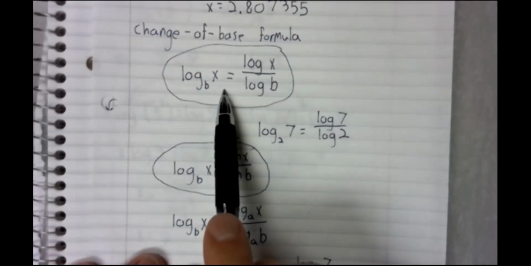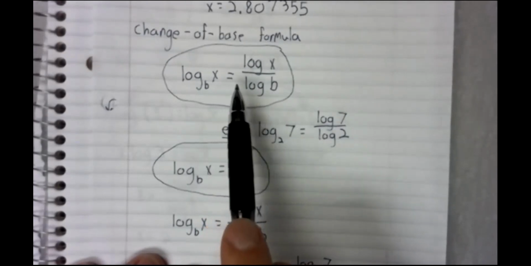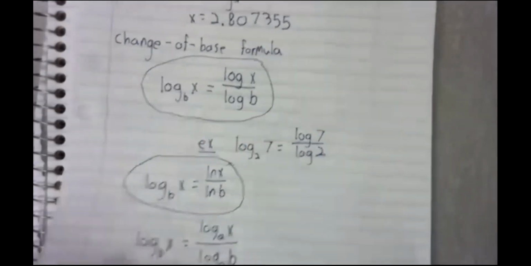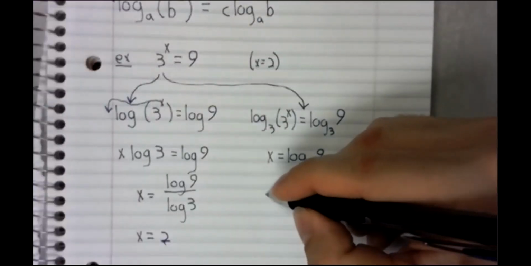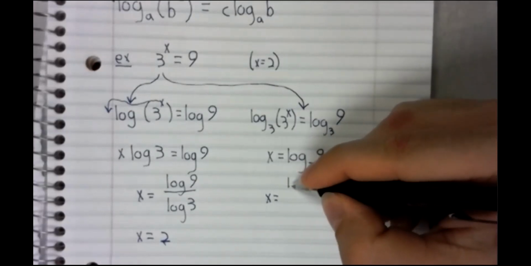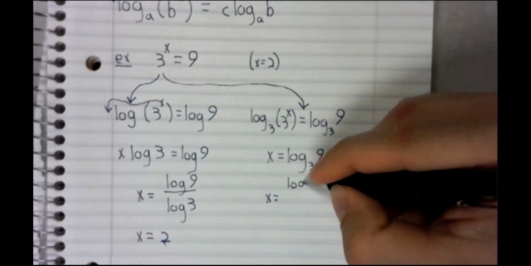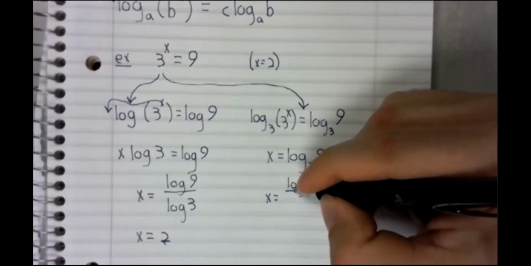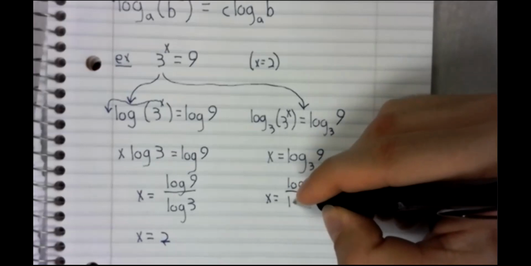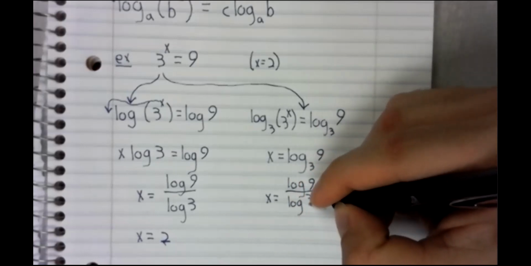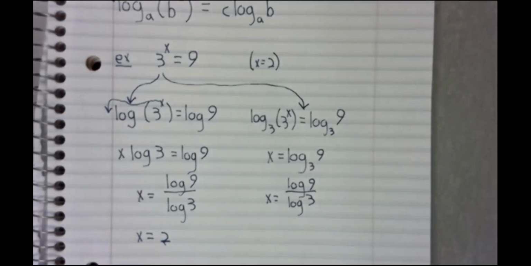You could rewrite it in terms of the common logarithm. The change of basis formula gives you the common logarithm of 9 over the common logarithm of 3.